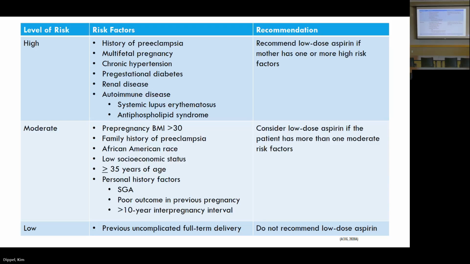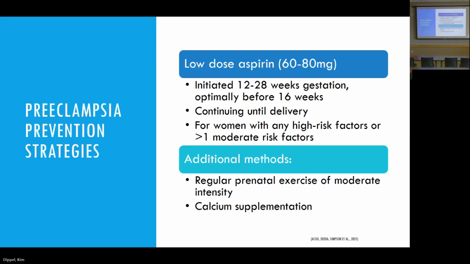And I will say, just because myself and colleagues work at the bedside, I see more and more women come in on low dose aspirin where they haven't necessarily had any of the high risk, but it's more moderate risk, 2 or more moderate risk, greater than 35 years of age, and then also with COVID thrown in there. And then low risk, previous uncomplicated full-term delivery. They don't necessarily recommend low-dose aspirin.